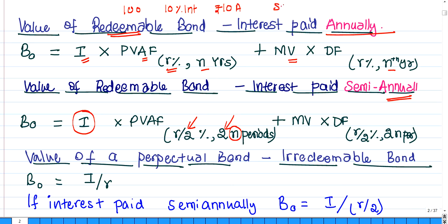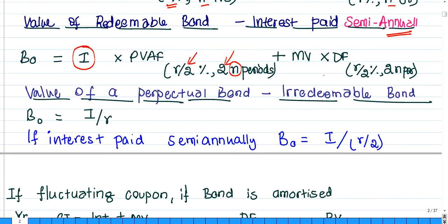If it is semi-annual, that will be calculated at 5%, so here it will come to 5 rupees. Very simple. And then the value of a perpetual bond, an irredeemable bond, is very simple: interest divided by rate. If interest is paid semi-annually, divide by 2.